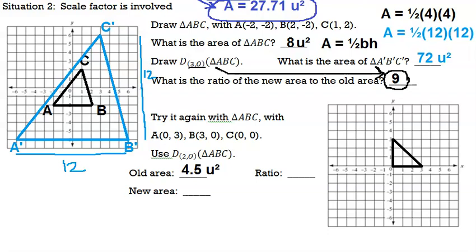Now, if you did a dilation with a scale factor of 2, 0, 0 is going to stay 0, 0. There's nothing special there. But your other points, instead of 0, 3, it's going to be 0, 6. Instead of 3, 0, it's going to be 6, 0.